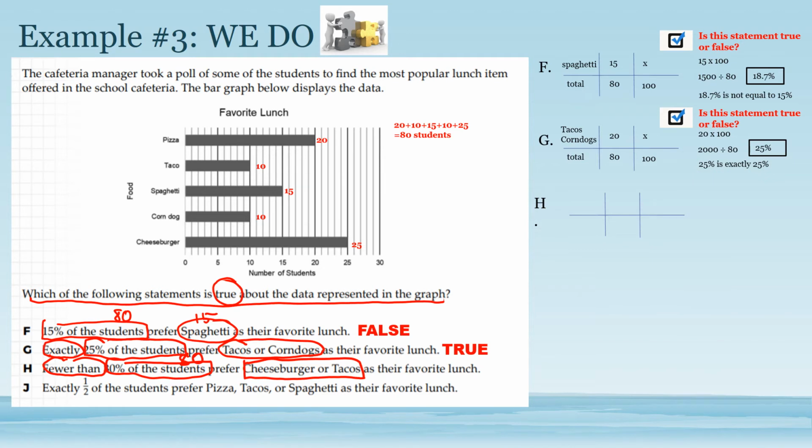So we're going to use part to whole relationships. So what are we going to put in our first box? If you answered cheeseburger or tacos, you are correct. Out of the total number of students. So now what I want you to do is fill in all 4 spaces. Let's see if you are correct.